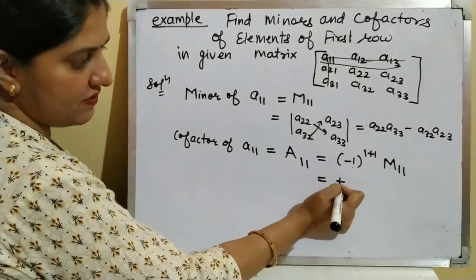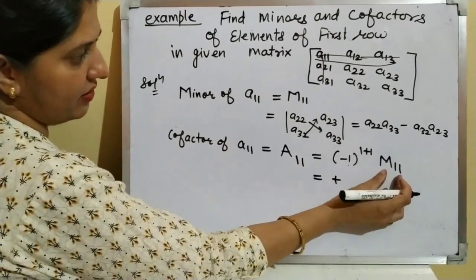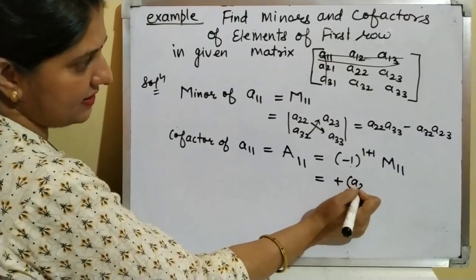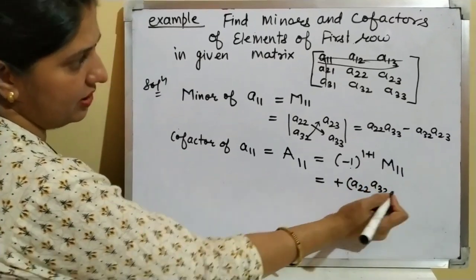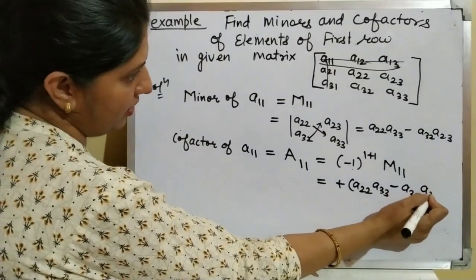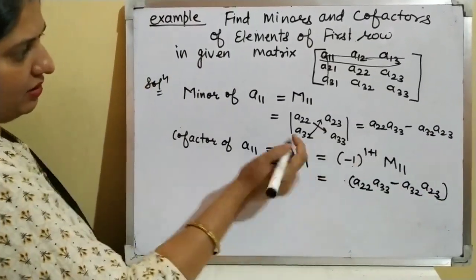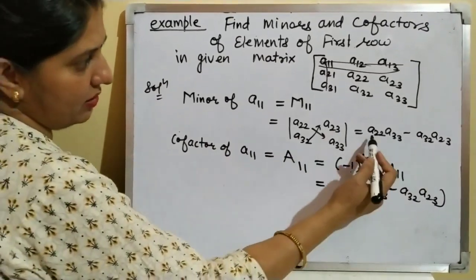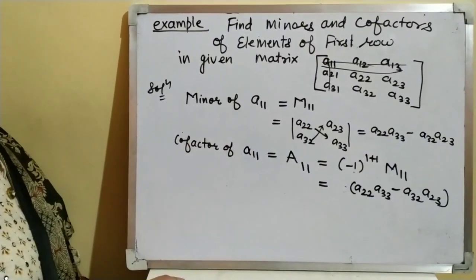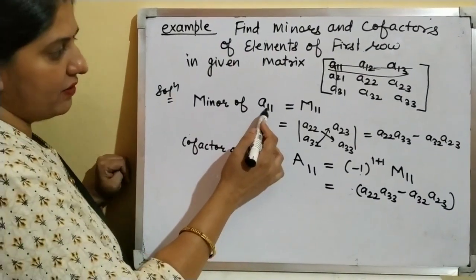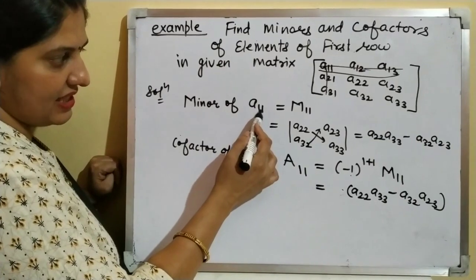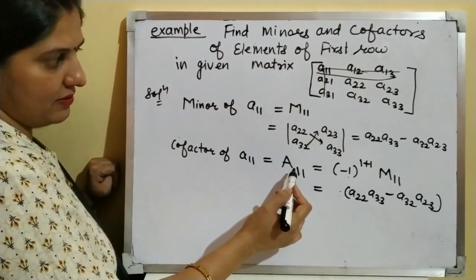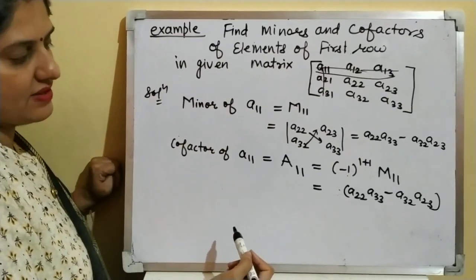So we get a positive sign here. M11, we have already calculated it, so you can write it as it is: A22, A33 minus A32, A23. So the answer of M11 and the answer of A11 are the same. Meaning if the sum of the suffix is even, then the minor and cofactor of that element give us the same value.